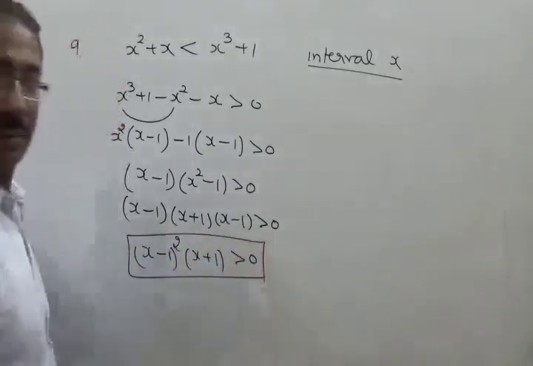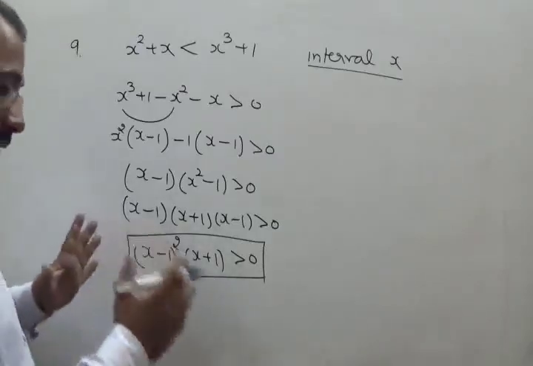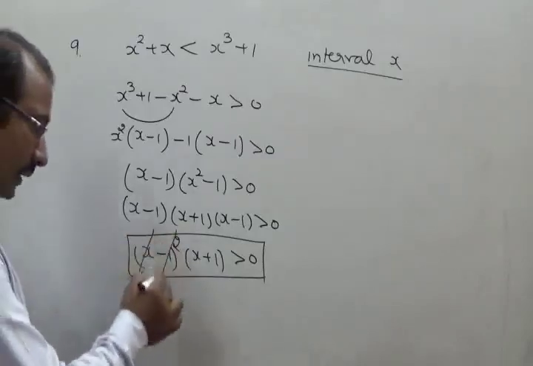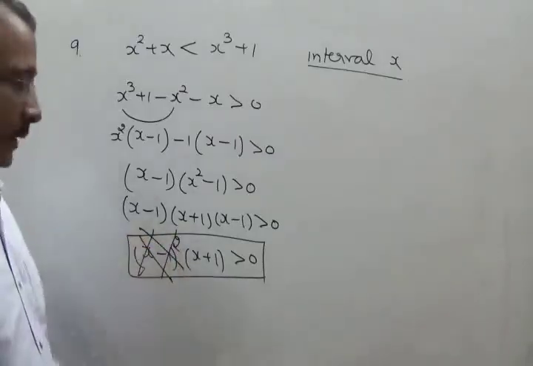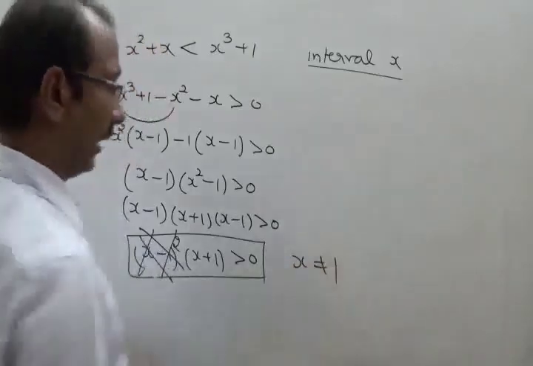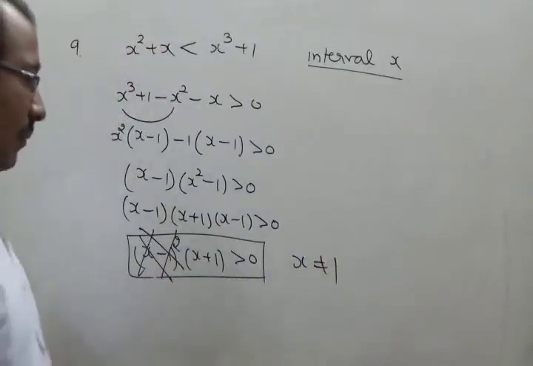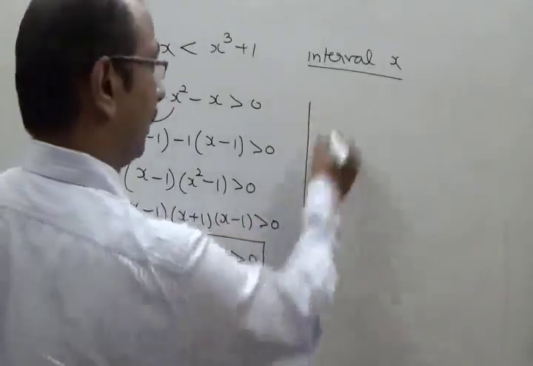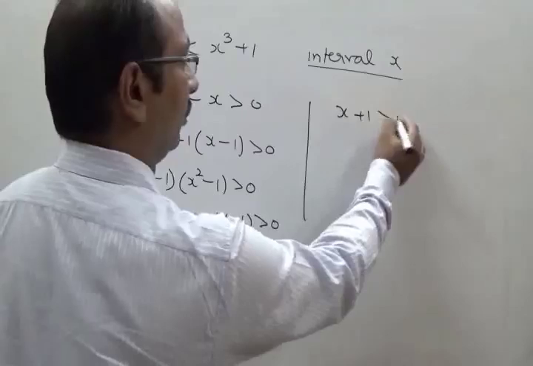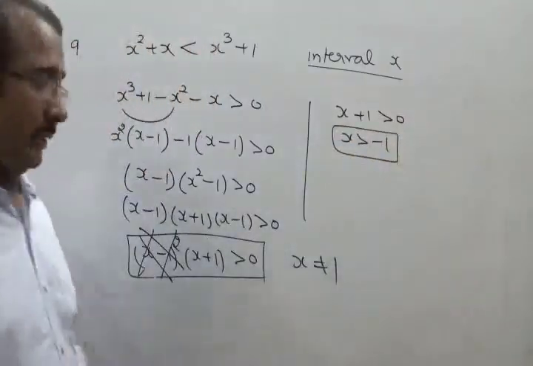Now I told you that if you apply the Wavy Curve method, a factor with an even power is positive, so just leave it. And here I can also say x is not equal to 1, because if I put x equal to 1, it becomes equal to 0. Now I am left with x plus 1 greater than 0. It states x is greater than minus 1.